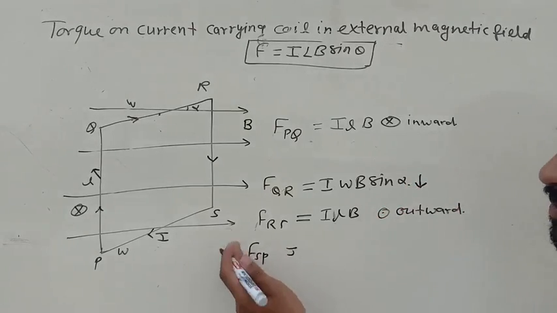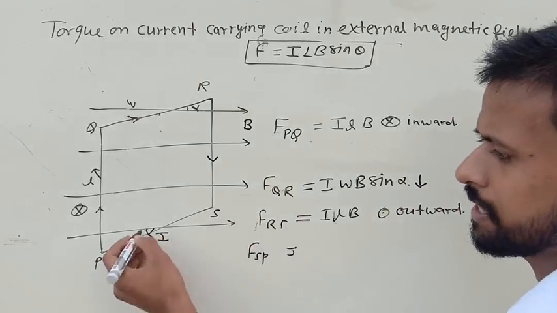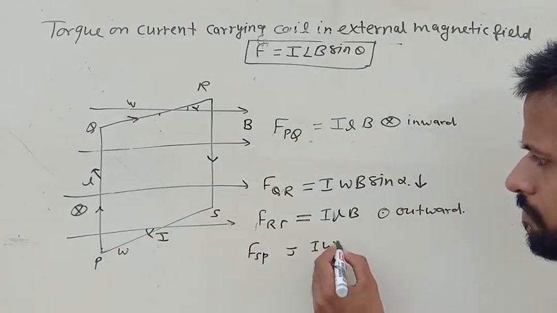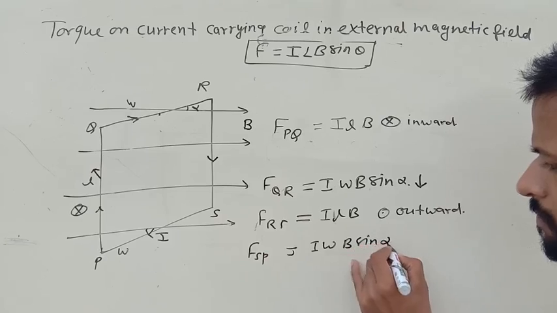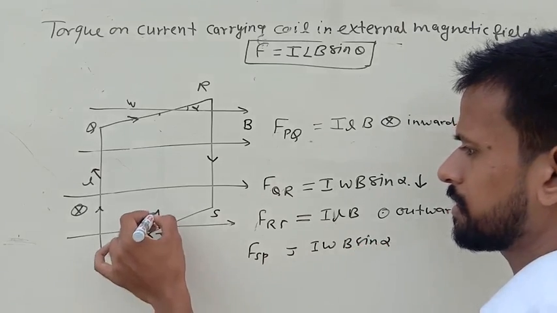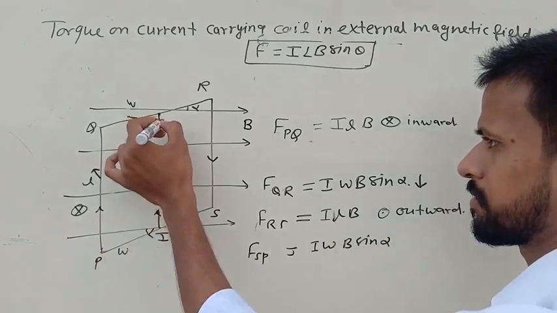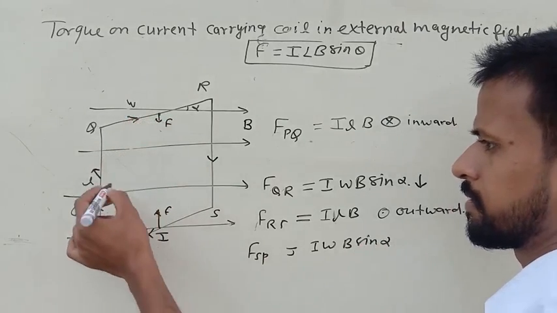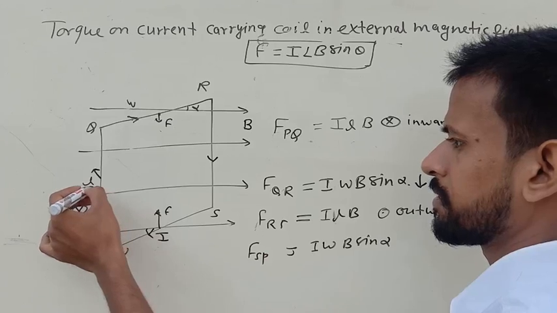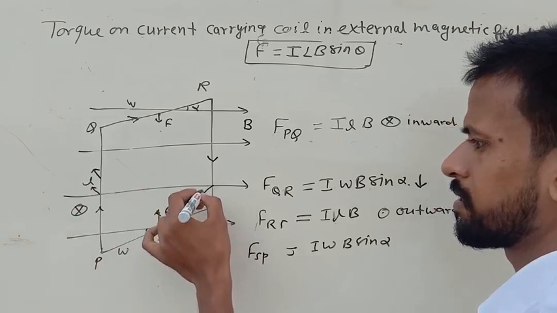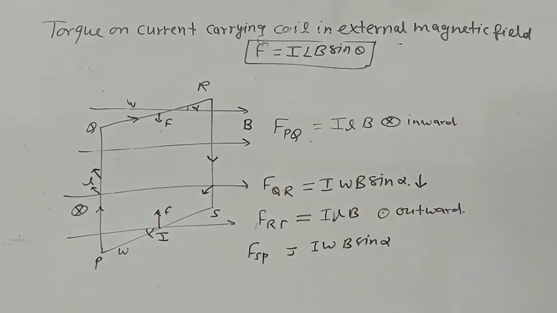Similarly, force on SP is again I W B sin alpha, but its direction is opposite.